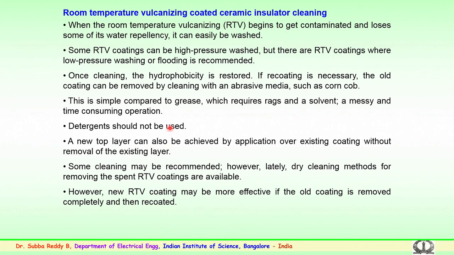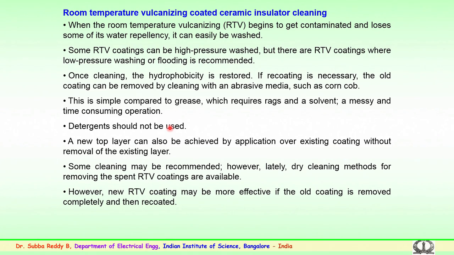Some room temperature vulcanized coatings can be cleaned using high pressure washing, but there are RTV coatings where low pressure washing or flooding is recommended. Once cleaned, the hydrophobicity is restored, that is, the water repellent action on the insulator surface.